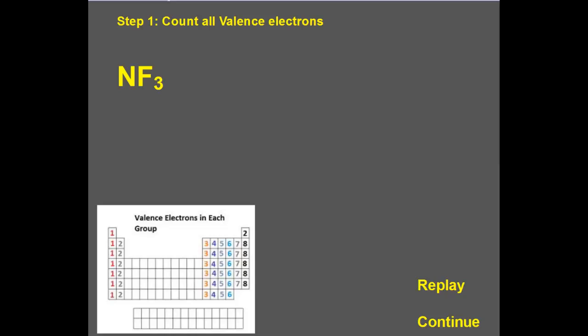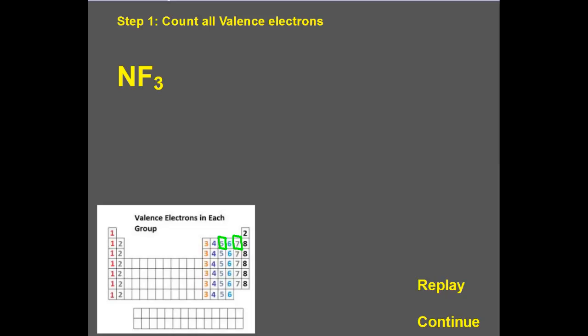You should be familiar with the periodic table, and we simply need to be able to locate our elements on that periodic table. Specifically we have nitrogen, which would be located right here, and fluorine, which would be located right here.